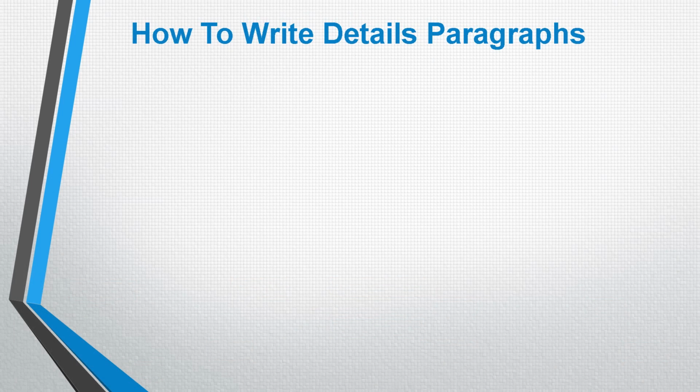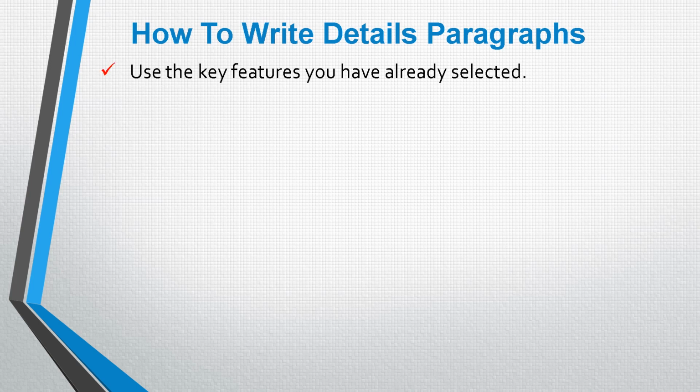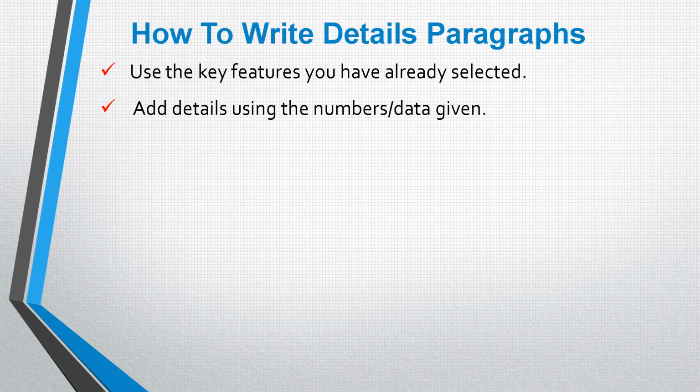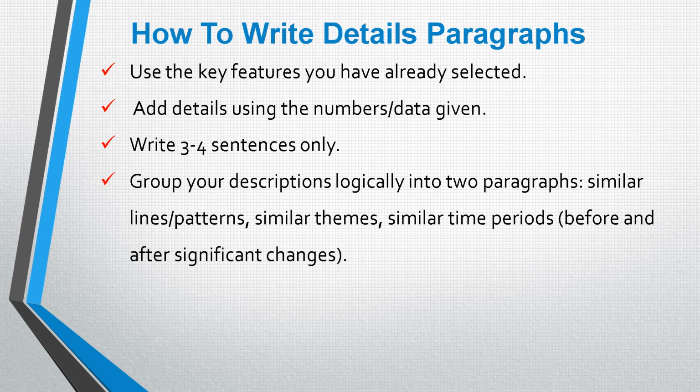So here's a quick recap on how to write details paragraphs. Firstly, you're going to use the key features that you've already selected. Secondly, you're going to add details using the numbers and data given. You're only going to write between 3 to 4 sentences. You're going to group your descriptions logically into two paragraphs.